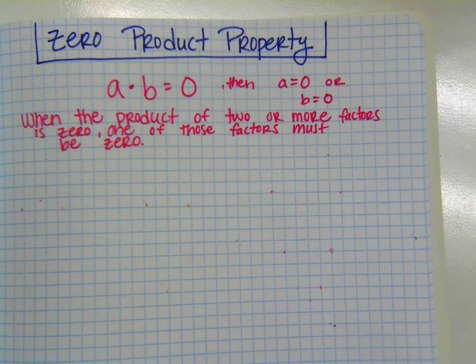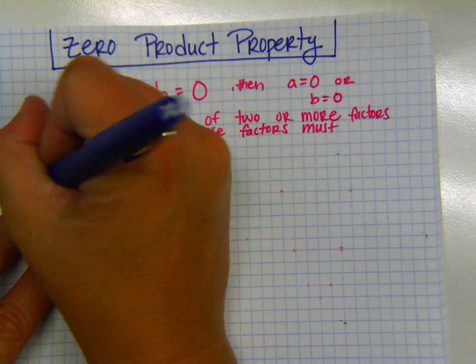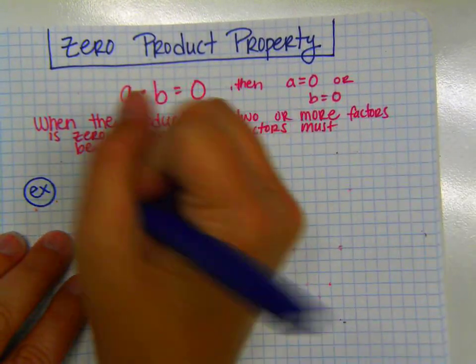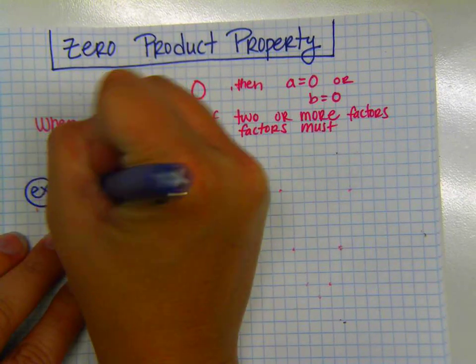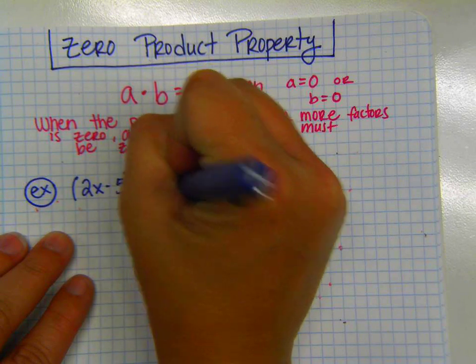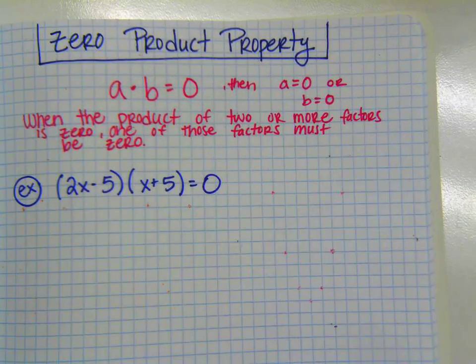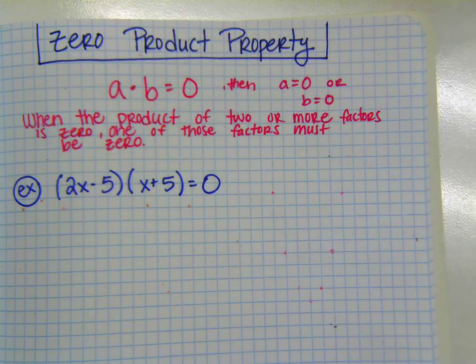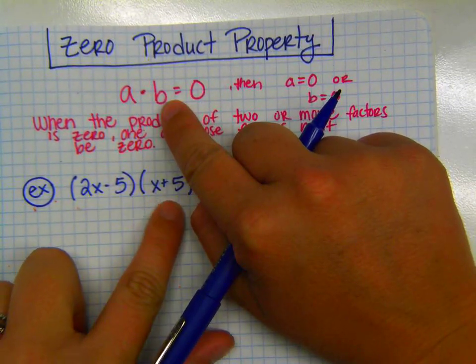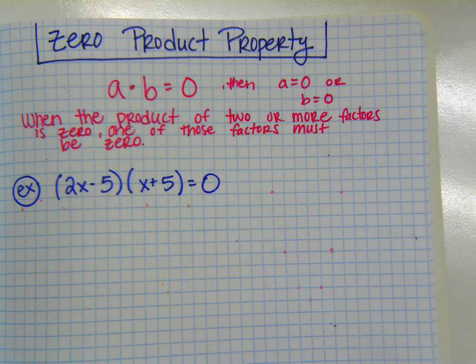So, when do we use this? Well, let's do an example. So if we have something that looks like that, it's the same thing. This one's A, this one's B. So that means one has to be 0.